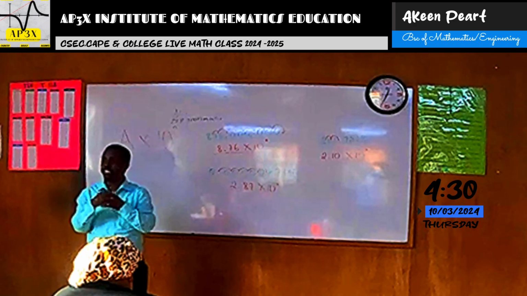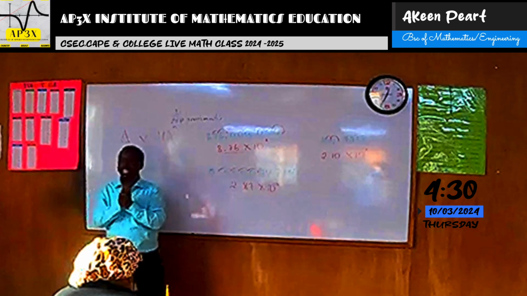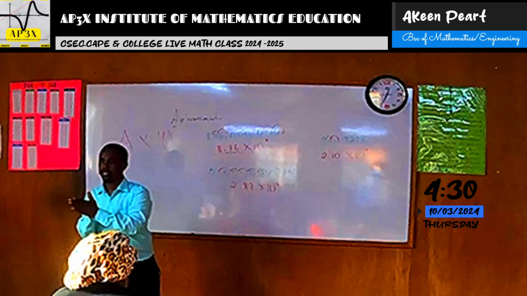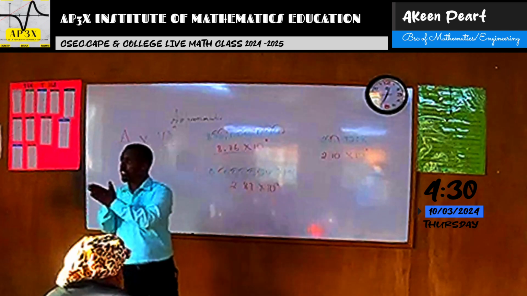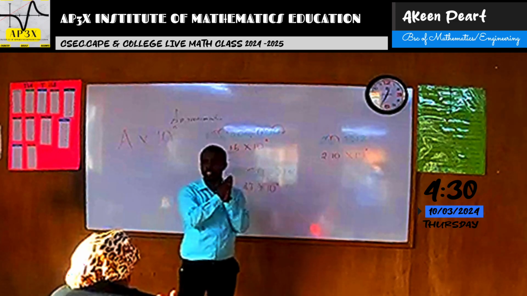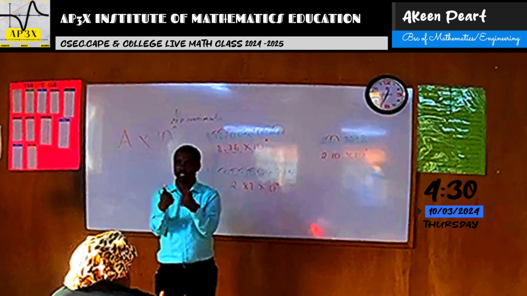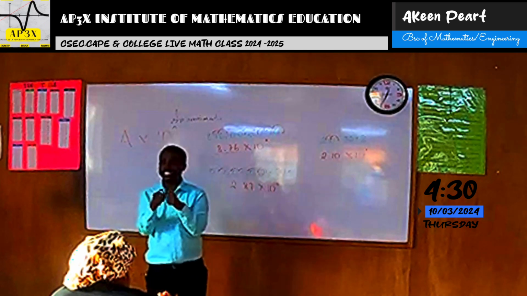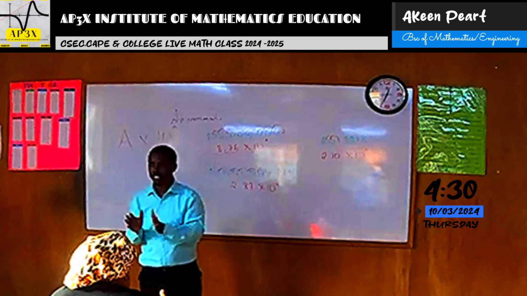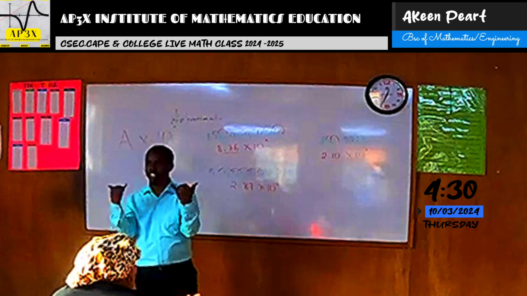A is obtained by moving your point to the left or to the right in the direction of the first non-zero digit. That is, in the direction of the first non-zero digit.